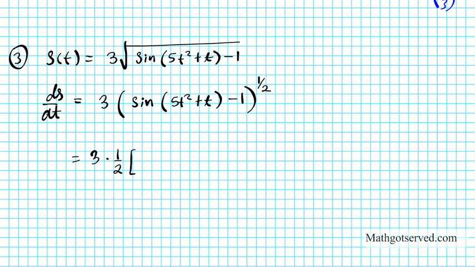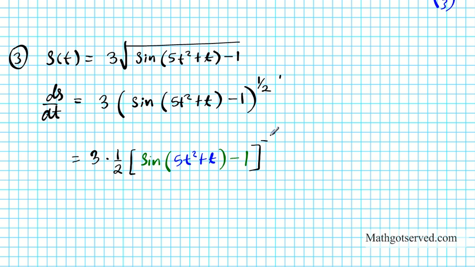times, now let's start color coding our functions based on nesting. From the outer one, we have a trig function here, sine of 5t squared plus t, close that, minus 1. We're going to use the power rule, so we just subtract 1 from the power, right?